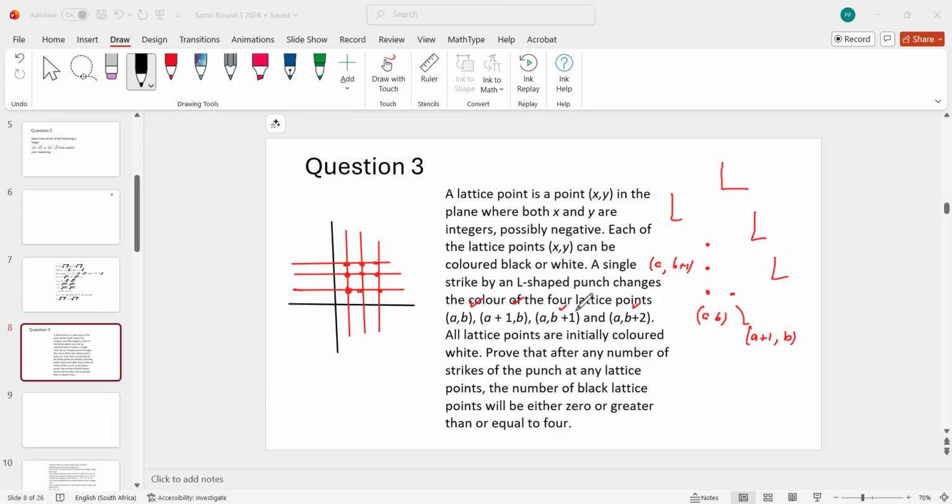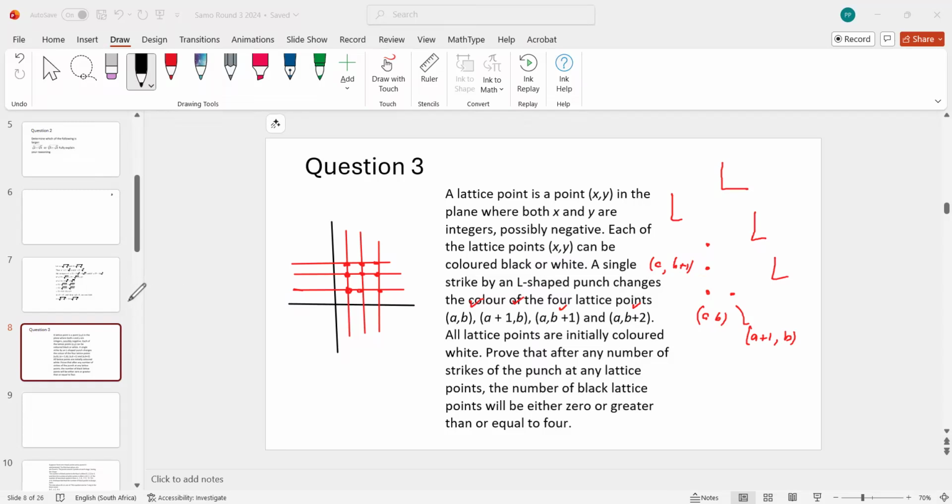And if it's black, it changes to white. Now, all the lattice points are initially colored white. Prove that after any number of strikes of the punch at any lattice points, the number of black lattice points will be either 0 or greater than or equal to 4.